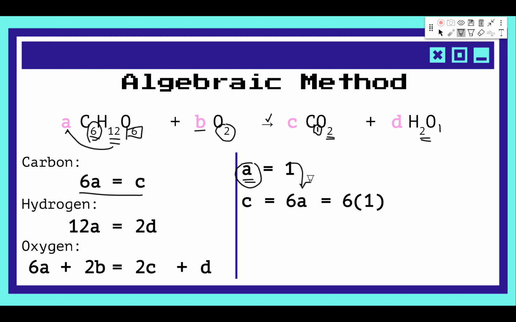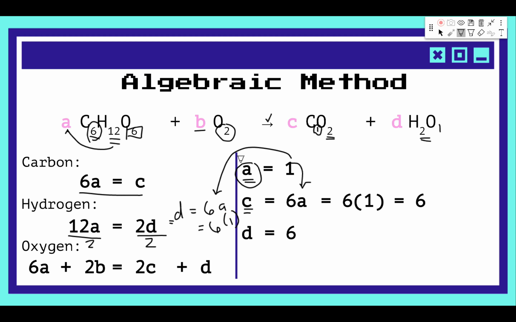So 6 times 1 is 6. So 6 is C. Now I can simplify this equation by dividing 2 on both sides. So I will have D is equal to 6A. Then just substitute this value. 6 times 1, D is 6.